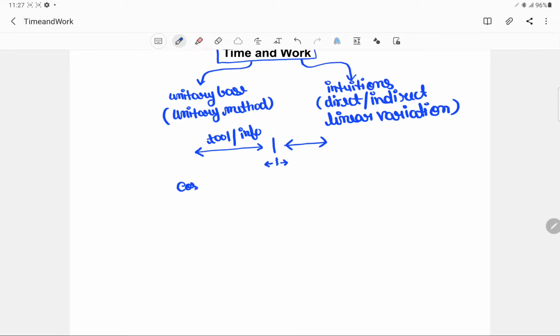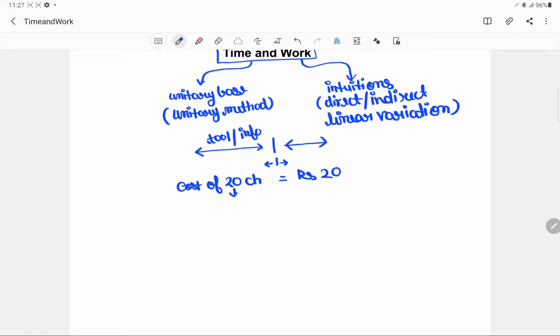The cost of 20 chocolates is rupees 20. This is something that we are expected to calculate, the cost of X chocolates. Then converting to the unitary base or method means that we'll convert it to the unit thing.